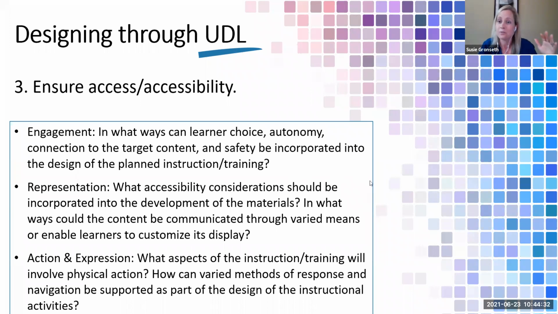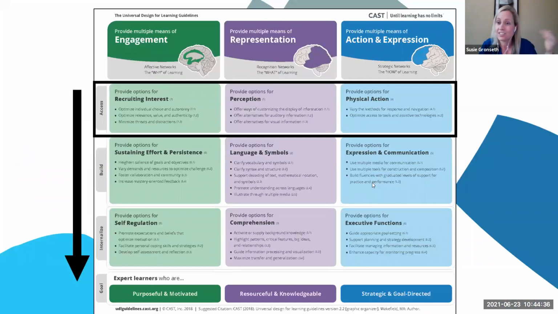You'll see these again on the handout for your breakout group. But just to tell you where that comes from, it comes from this access level. Looking at the different checkpoints, I turned those into reflective questions as a designer.